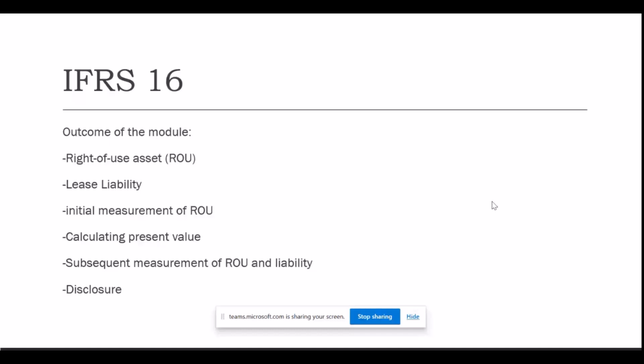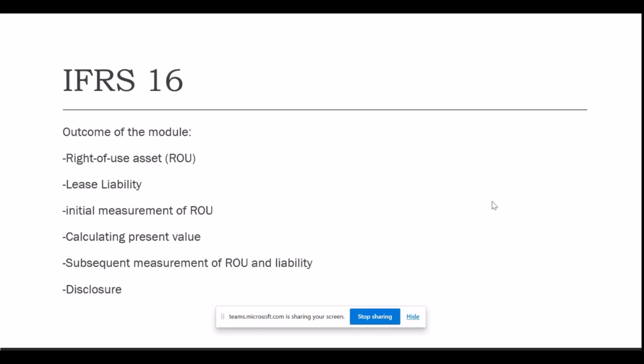But the standard setters realized that that classification was very subjective, because companies would classify something as operating lease or finance lease when they felt it would favor them, or make their income statement look better.